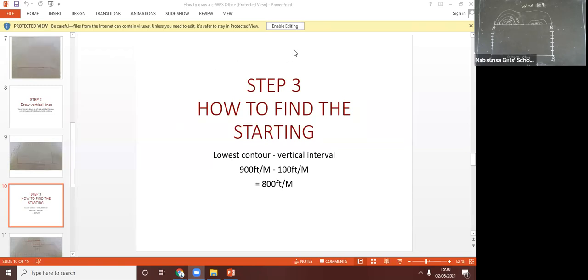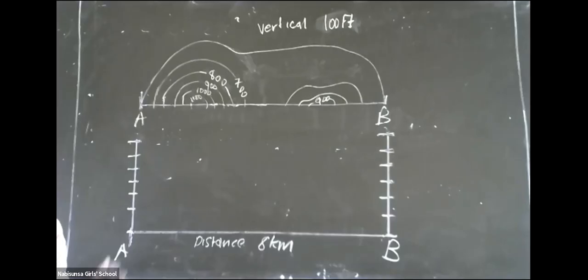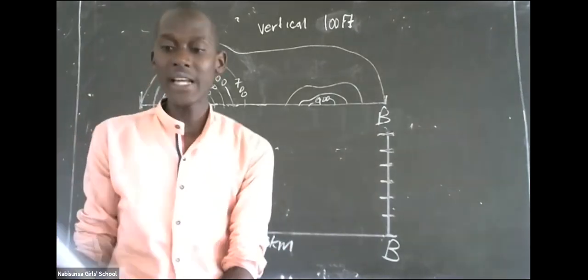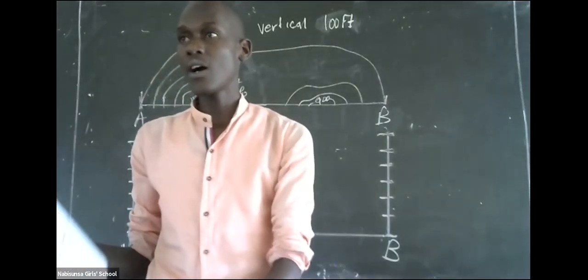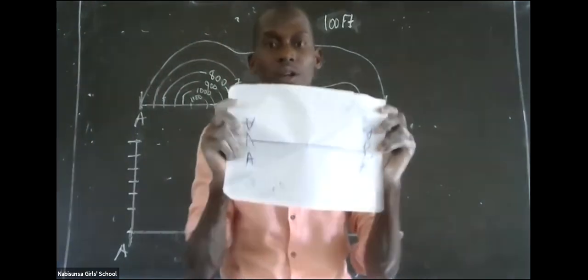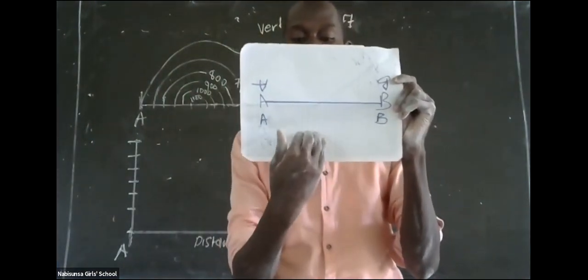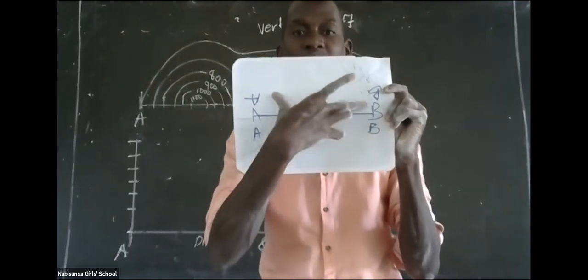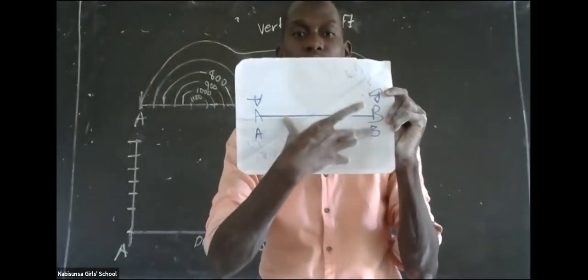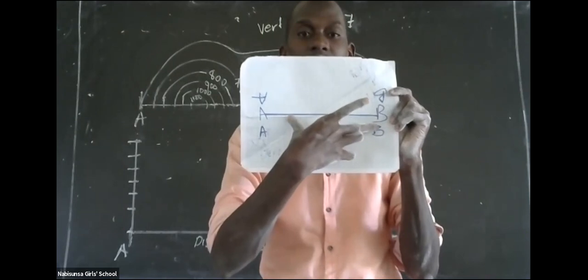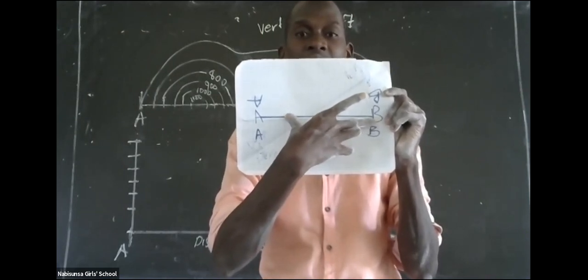For the cross section, we advise you to use your paper in the horizontal rectangle like this. Make sure that down you leave some space, but you draw it in the middle here. Are you seeing the way I hold my paper?